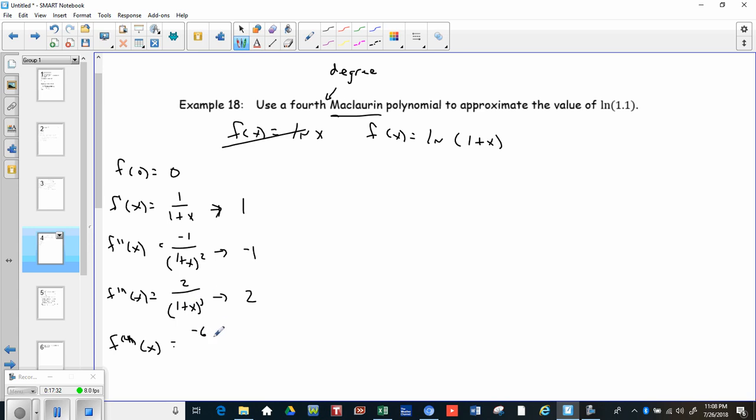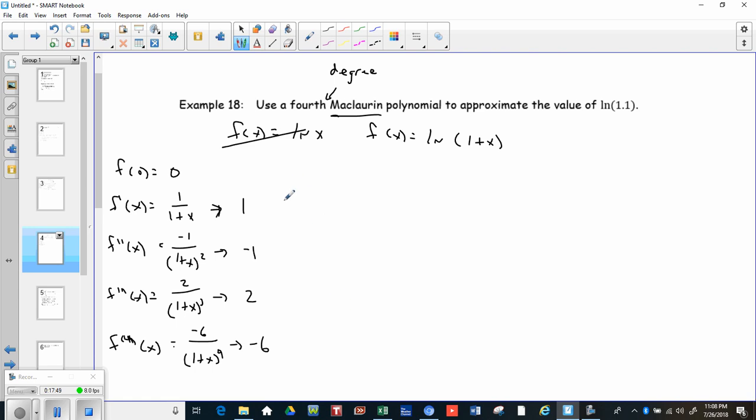That's going to give us negative 6 on top. Subtract 1 from the power, gives you negative 4, but putting it on the bottom is 1 plus x to the 4th, excuse me. And then plugging in 0 in the denominator here gives us negative 6.